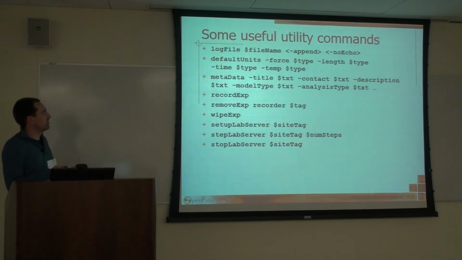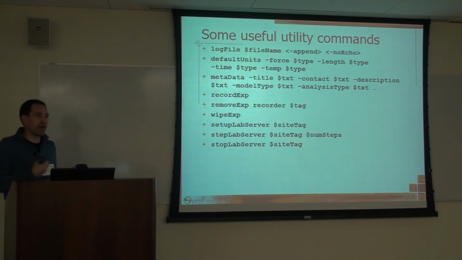Some other more recent additions to OpenFresco are utility commands that we've put in. We can create log files which log everything that is going on in OpenFresco. There's now a way to define default units, so you can put in your default force, length, time, and temperature units.